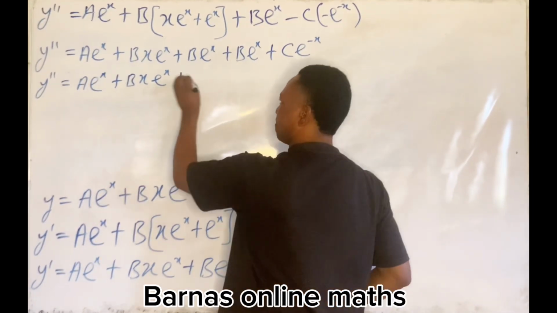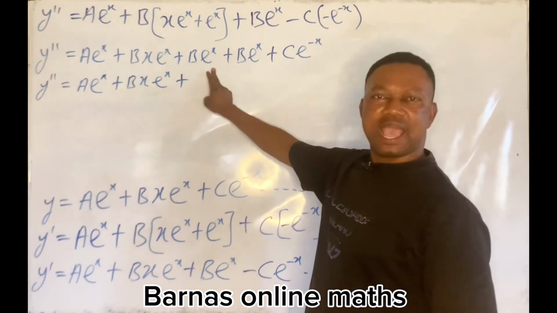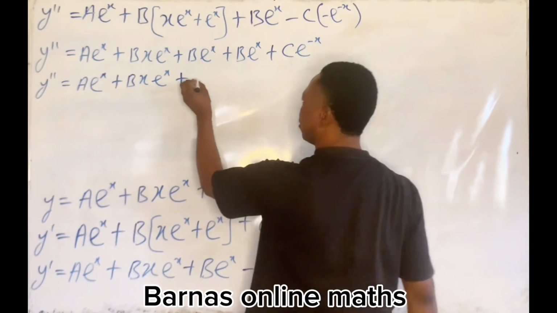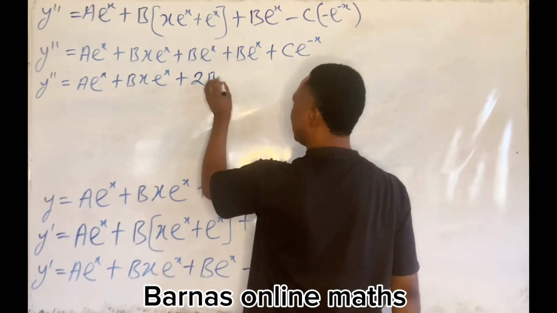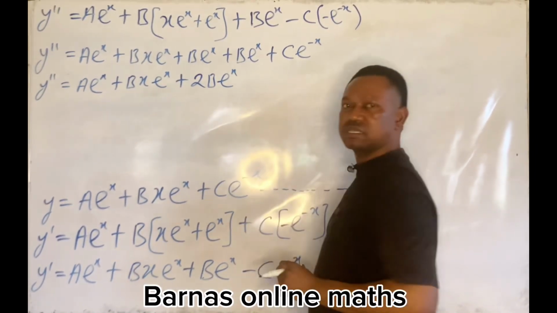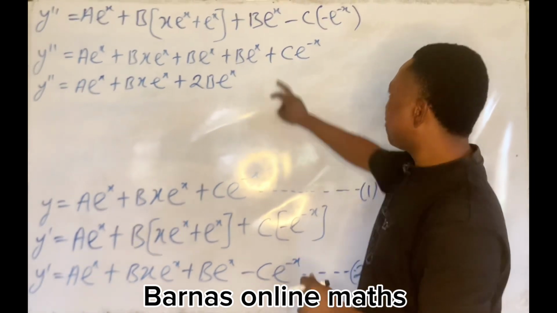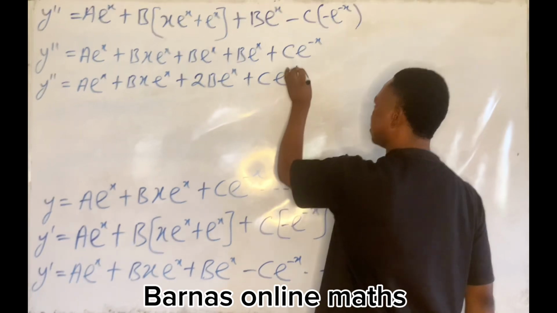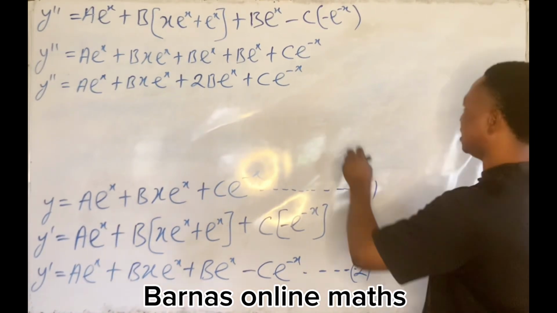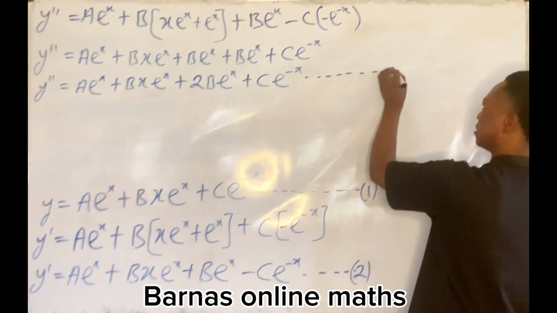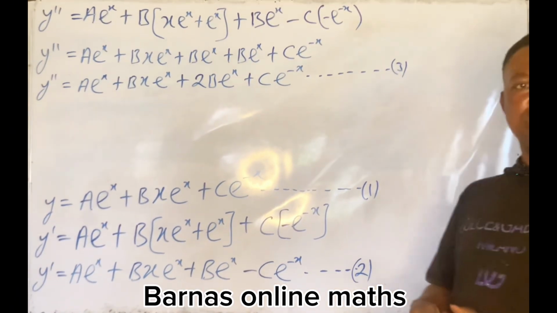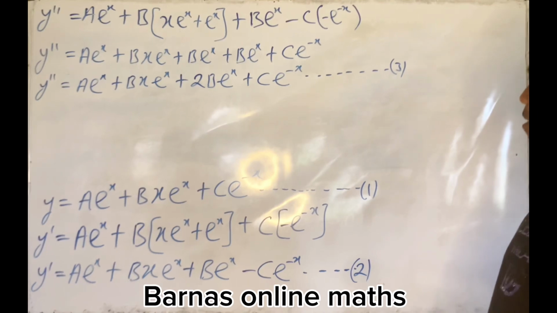Plus b e to the power x plus b e to the power x automatically will give us 2b e to the power x. Then finally plus c e to the power minus x. Let's call this equation 3. Equation 3.